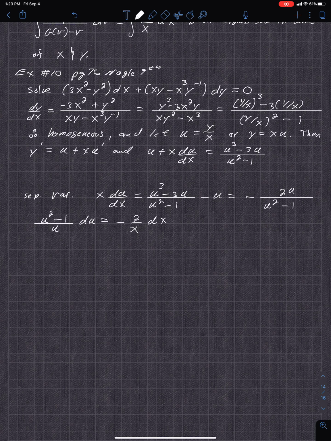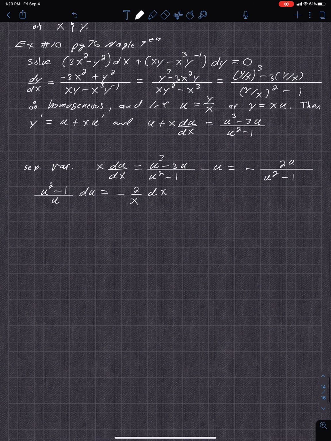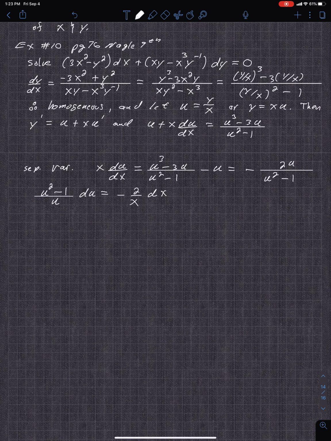Now the variables are separated in the form you know how to integrate. So we integrate both sides. You get the integral of u squared minus 1 over u du equal to negative, I took out the negative, the integral of 2 over x dx. Simplify a little bit.